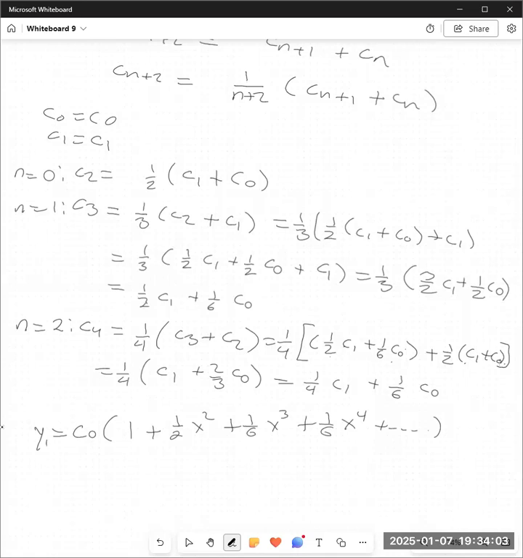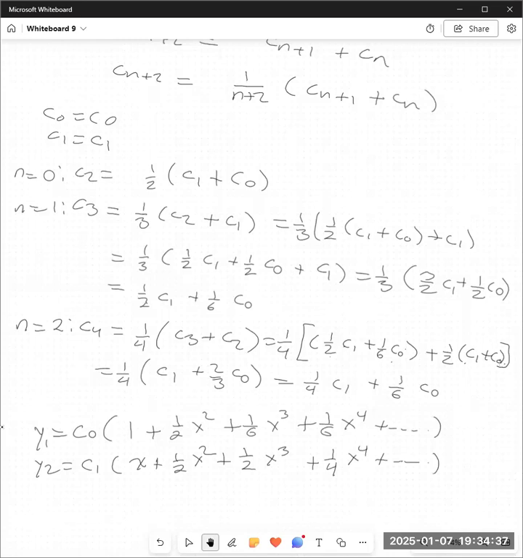And y2 is equal to c1 times x plus, and there is a 1/2 c1 in my x squared term, plus a 1/2 c1 in my x cubed term, plus a 1/4 c1 in my x to the 4th term, plus dot dot dot.